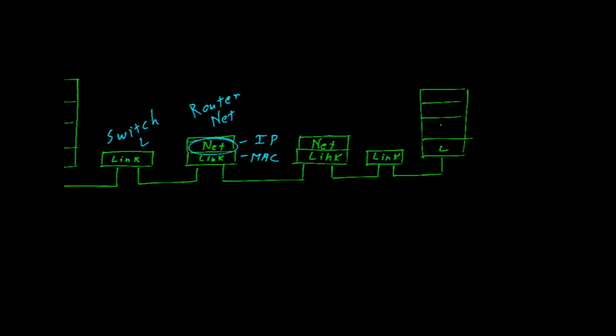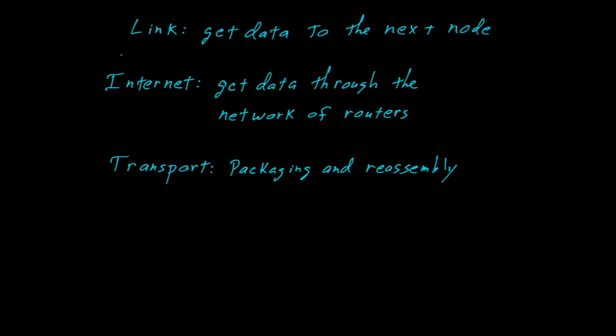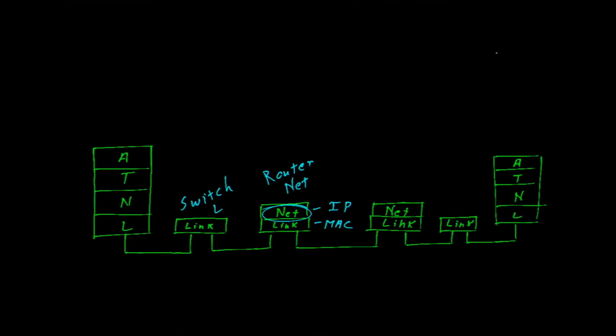So it goes from the link layer to the network layer to the transport layer and back to the application layer.